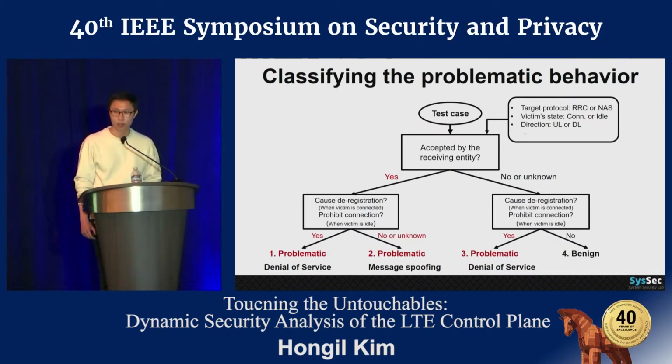Then the attacker can perform a spoofing attack as if it is the victim UE. And if the victim UE state is changed to deregistration, as in case 1 and case 3, then the attacker can just use this test message for performing a DoS attack on the victim.